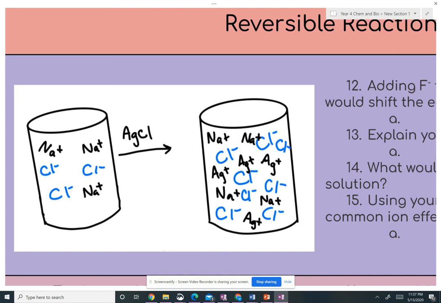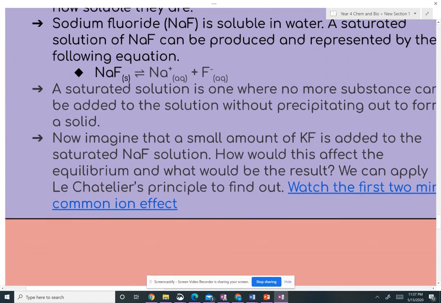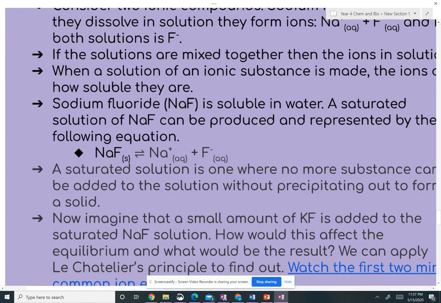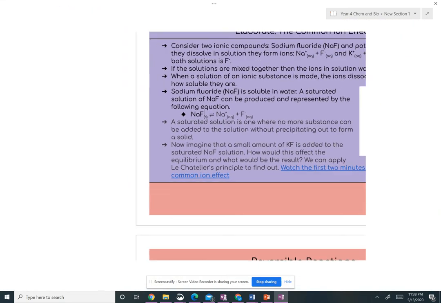Because you're changing the concentration, you also change which direction this reaction is going. If you have so much F minus, eventually you're going to drive the reaction this way, because you have so much of that in your solution. So that's the big thing: if you're dissolving stuff with a common ion, you pretty much drive the reaction one way or another.